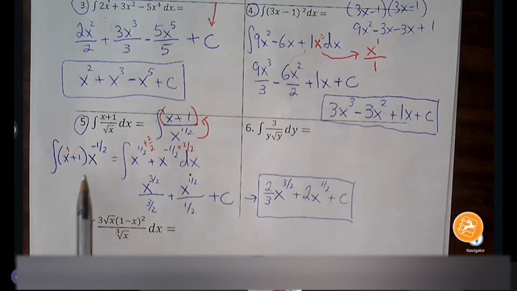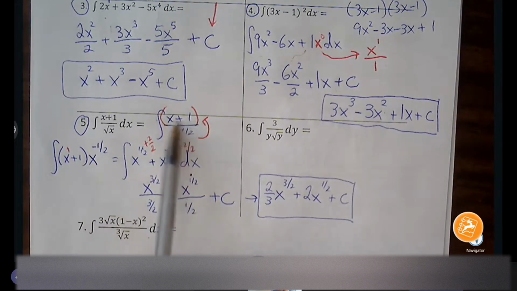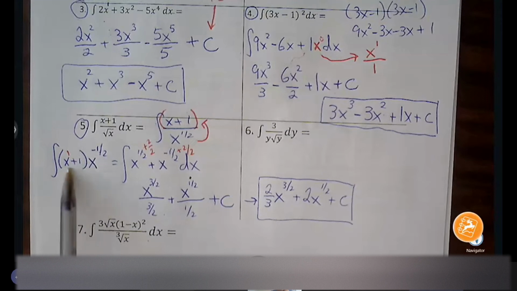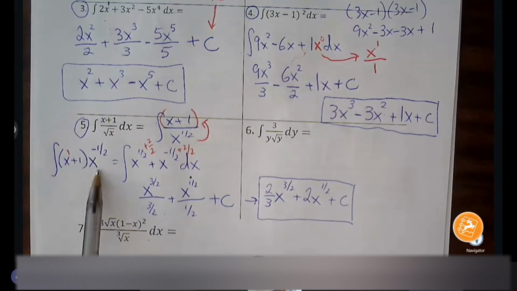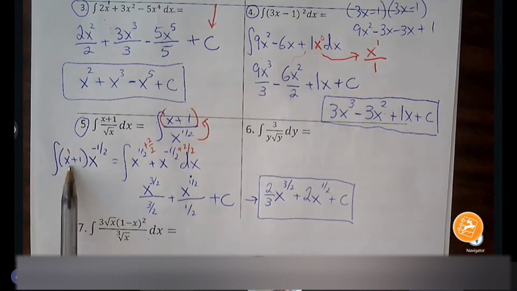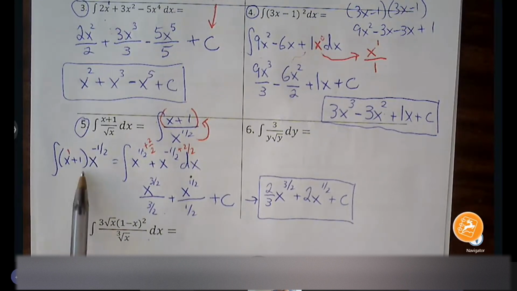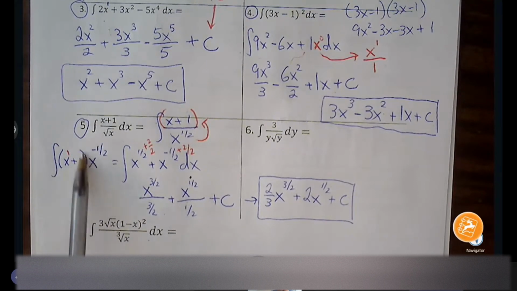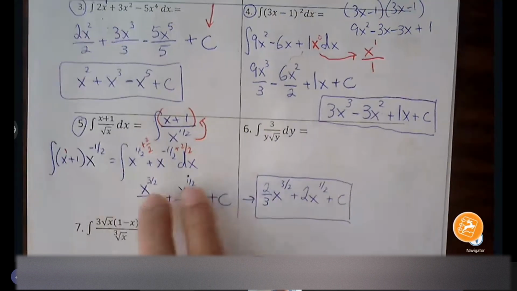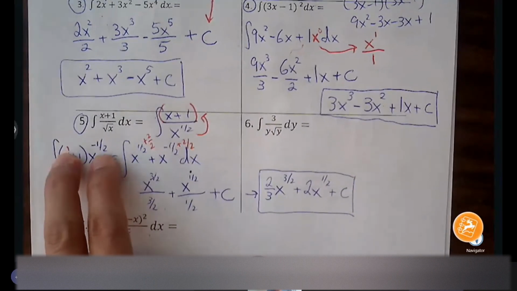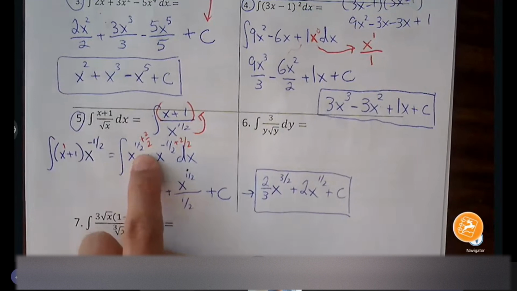To keep track of what needs to happen, I'm putting this x plus 1 in its own set of parentheses so that I can clearly make this into a full multiplication problem. The x to the negative 1/2 needs to multiply fully with the x plus 1. But as I do that, I have to resolve these parentheses, so distribute the x to the negative 1/2 through by adding exponents. So 1 minus 1/2 is positive 1/2.